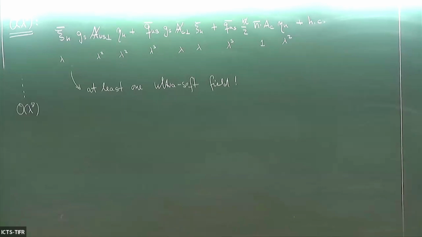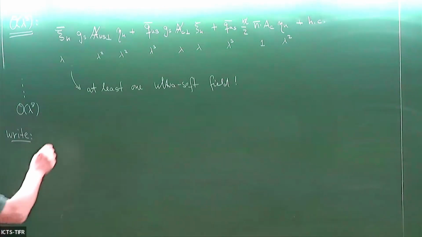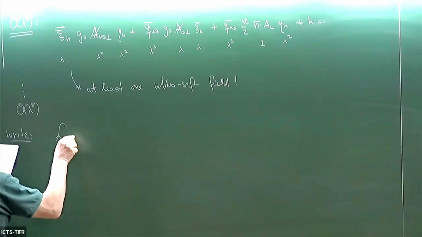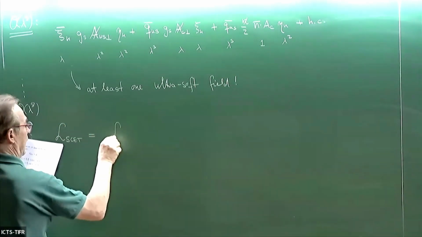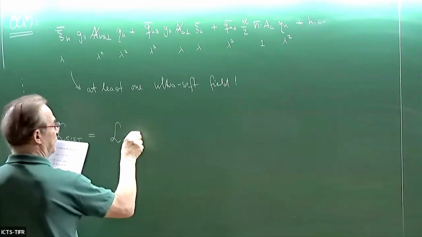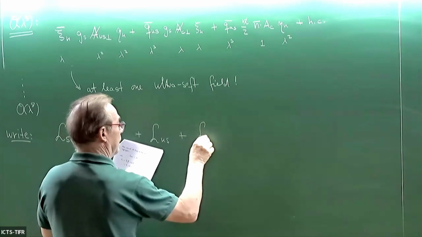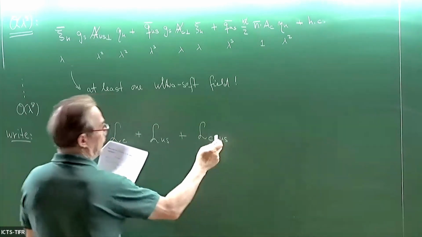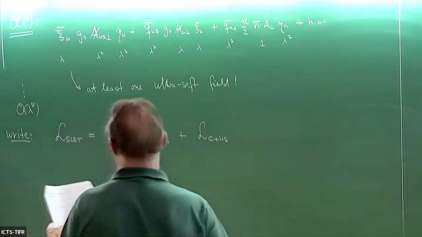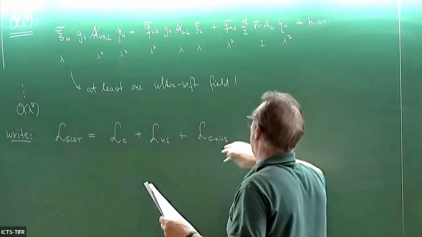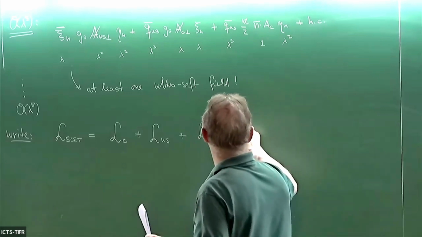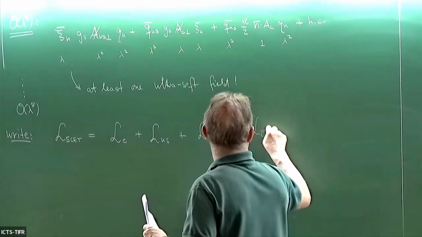So, in other words, we can now write the Lagrangian in the form corresponding to this picture there. I can write L-SCET as L collinear, which means only collinear fields, L ultrasoft, which means only ultrasoft fields, and then interaction terms, collinear and ultrasoft. And I could add the anticollinear and the anticollinear plus ultrasoft if you wish also here.